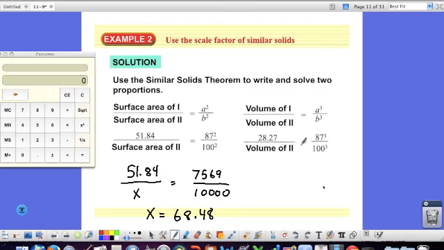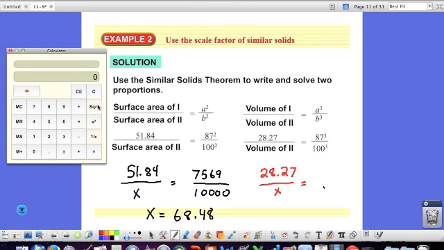Then for volume, I'm getting a little tired of this black. So this is going to be 28.27 over x. 87 squared was 7,569, so I can take 7,569 times 87 and get 87 cubed.